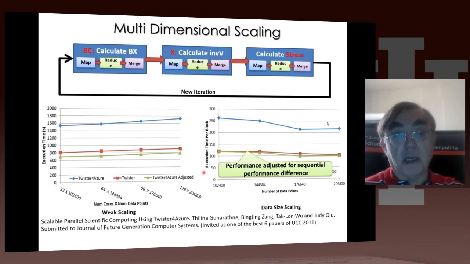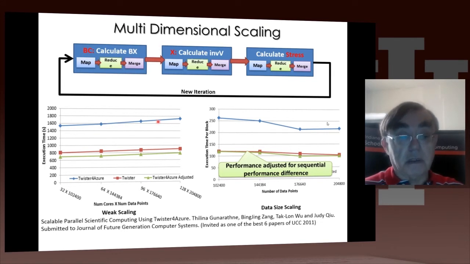This has a well-known parallel algorithm, which when implemented looks like iterative MapReduce. And we're comparing our Twister running on a high-performance computing Linux cluster with Twister for Azure running on Azure.